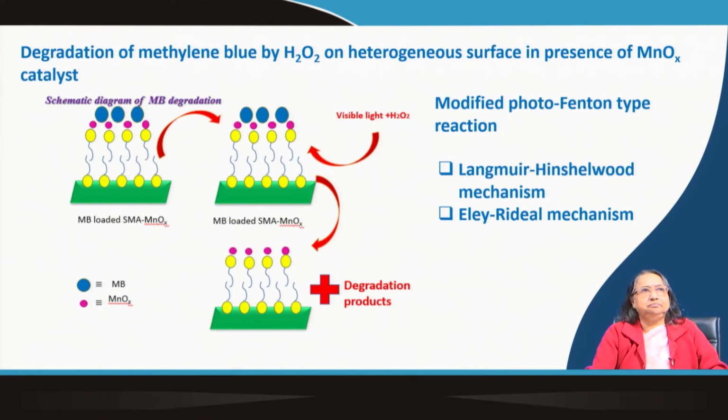The products are identified by mass analysis, which is also a very good tool to tell about the mechanism, because you are isolating and detecting the products, or if you can do the intermediates, that is also good, because then you can speculate the intermediate steps. So, this also deals with the mechanism.